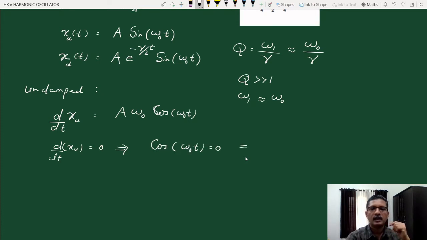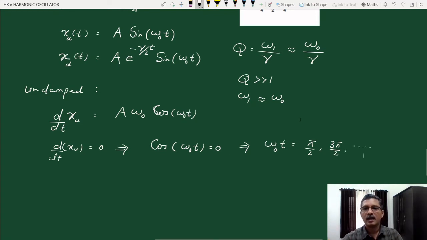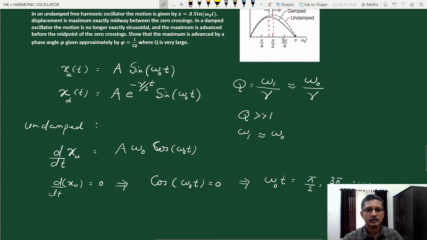What are the angles at which cos omega 0 t becomes 0? Omega 0 t, the angle can be pi by 2, it can be 3 pi by 2, 5 pi by 2, etc. So the first angle at which this cos omega 0 t becomes 0 is pi by 2. This is the derivative of x(t).